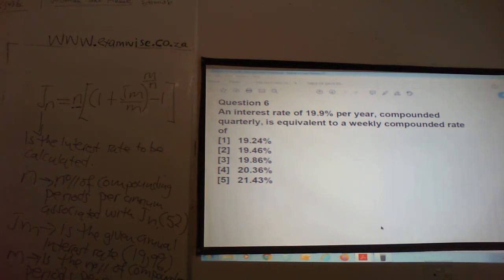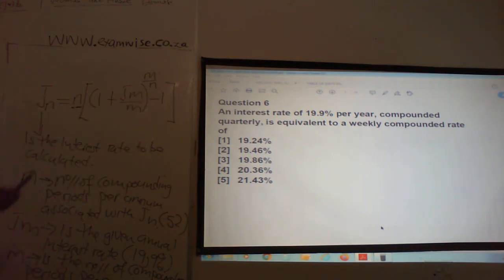So our M is equal to 4. We now have all the variables we need: our n, our Jm, and our M.